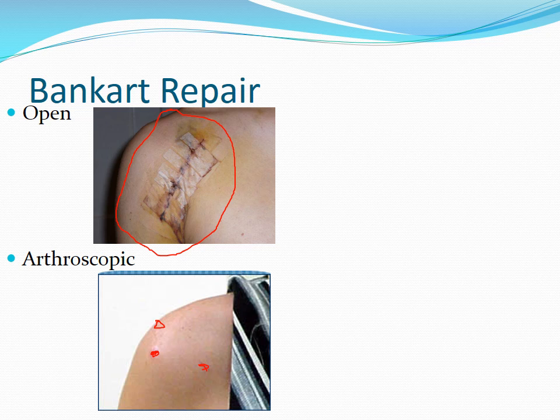But you can look at the size of that scar margin, and then look at it here with an arthroscope. There's usually 3 ports. Usually here's 1, here's 2, and then the other one's behind it. And so obviously you're going to have less implications for scar tissue limiting motion with this arthroscopic repair. It's way less invasive than the top one, the open repair.